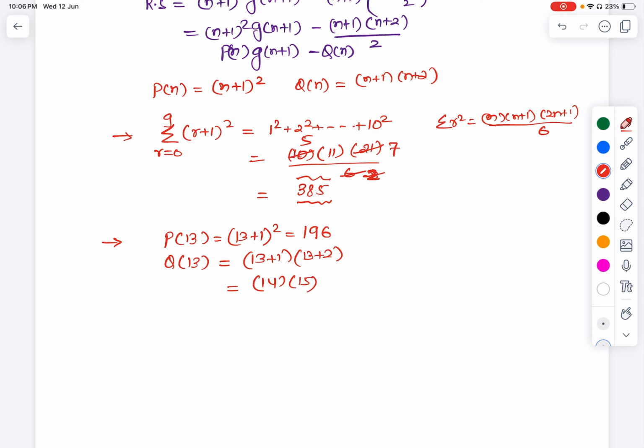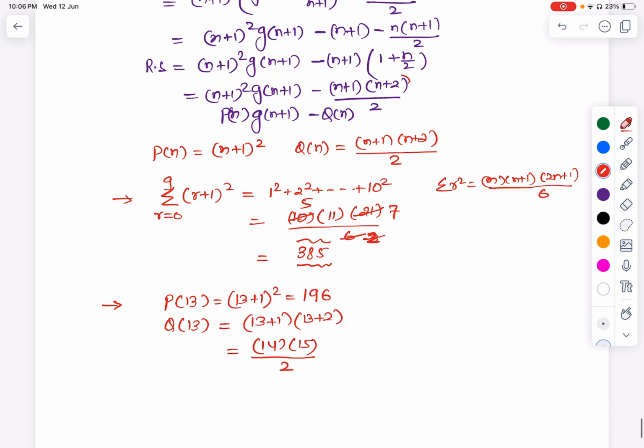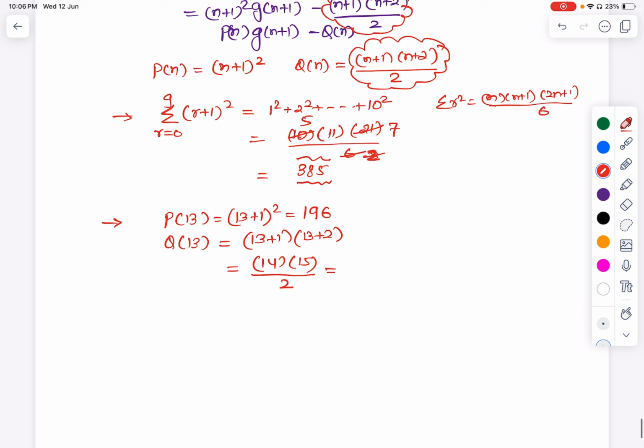Q of n is (n plus 1) into (n plus 2) by 2. So this value is 7 into 15, that is 105. So what they are asking is P of 13 minus Q of 13, that is 196 minus 105, that is 91.